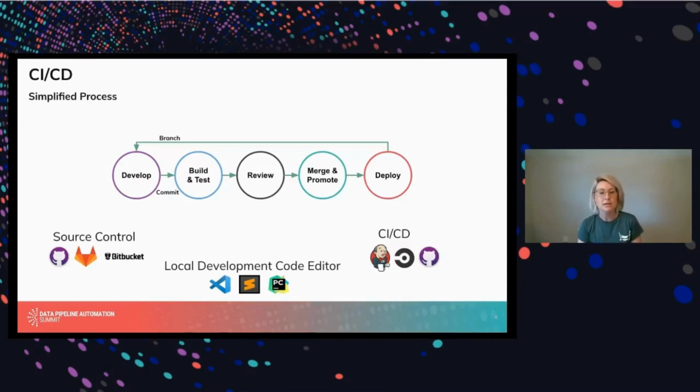Once that's deployed into your dev environment, you typically would create a pull request or a merge request, have that reviewed by another developer, and then that developer would merge and promote that code, which would then be deployed into production. A lot of that's going to be handled with your CI/CD platform.